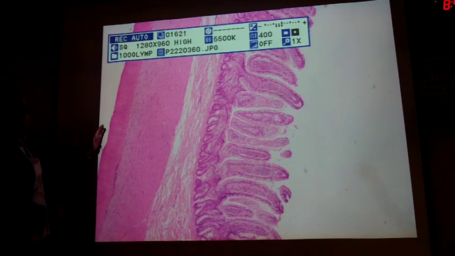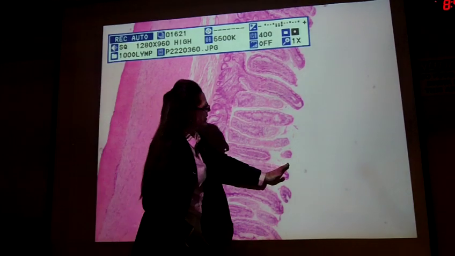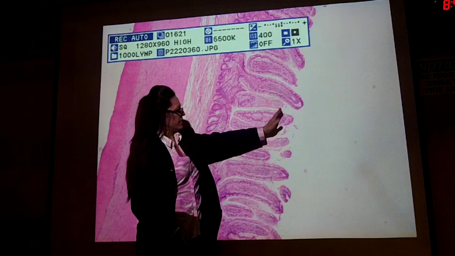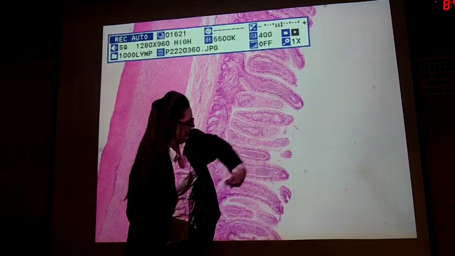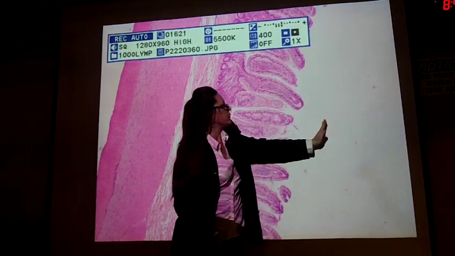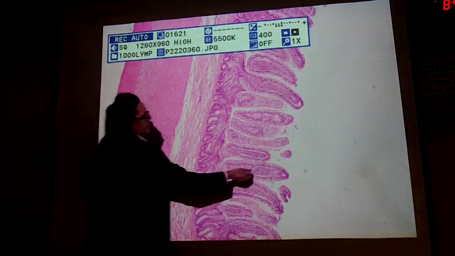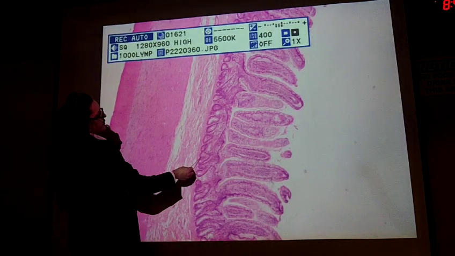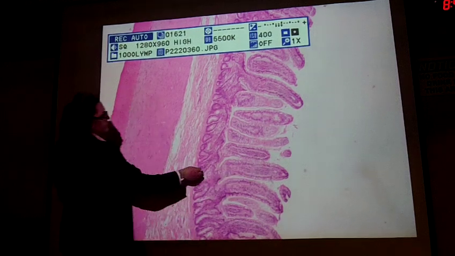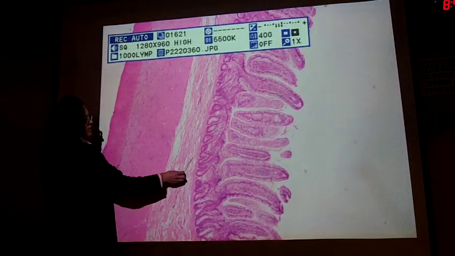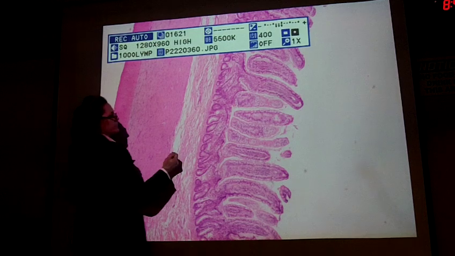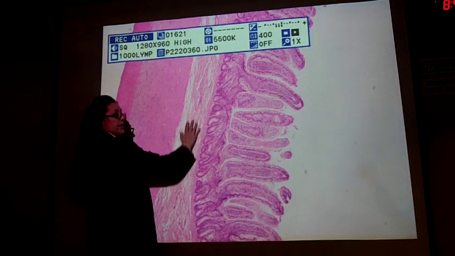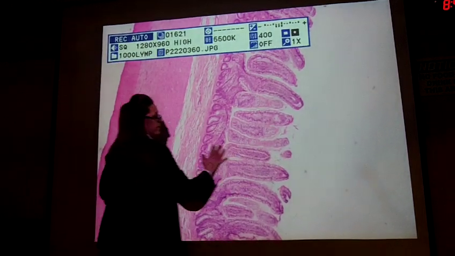So you look down here versus here. This is where your epithelia is. And again, it's curving around like this. So this would be your lumen. And from here down here, this would be your mucosal tunic. Then you've got the submucosa here, and again, you should see that this is staining much lighter than this area.